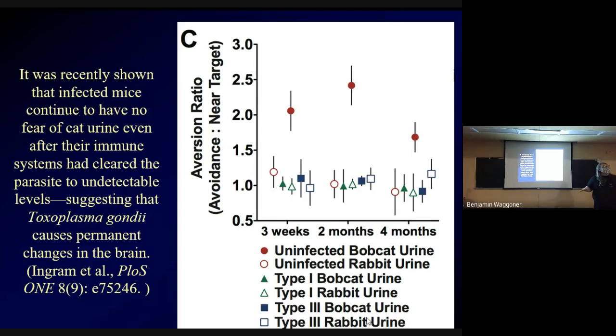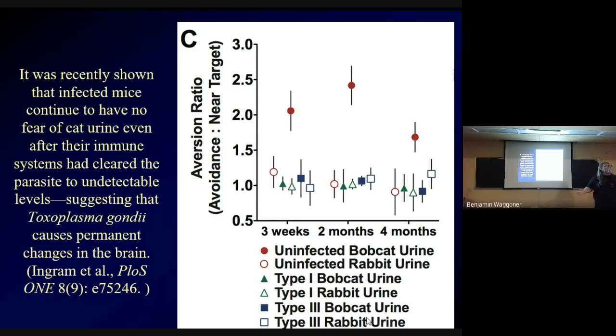Okay, with me there. Type 1 and type 2 are the responses of rats that have been infected with 2 different strains of toxoplasma. And you can see for the triangles and the squares, there's no difference. They spend equal amounts of time close to and away from both bobcat and rabbit urine.